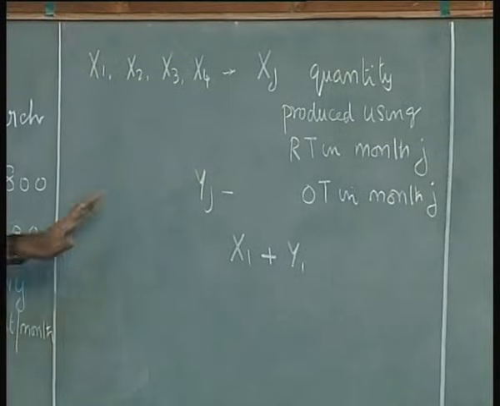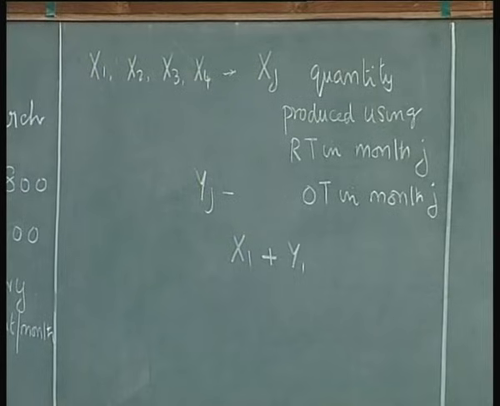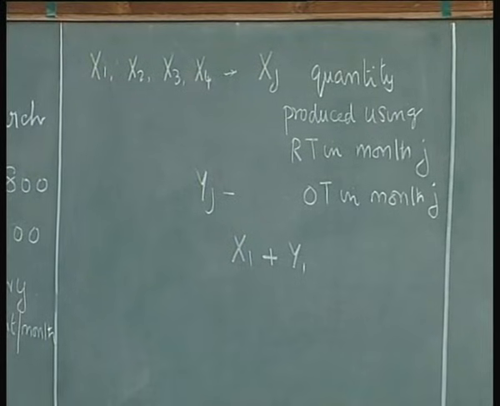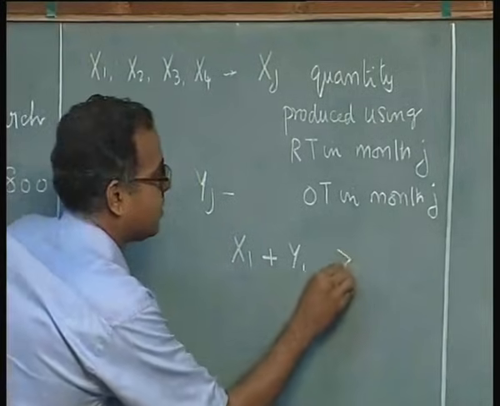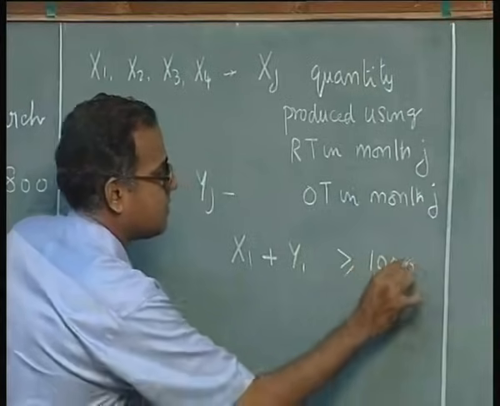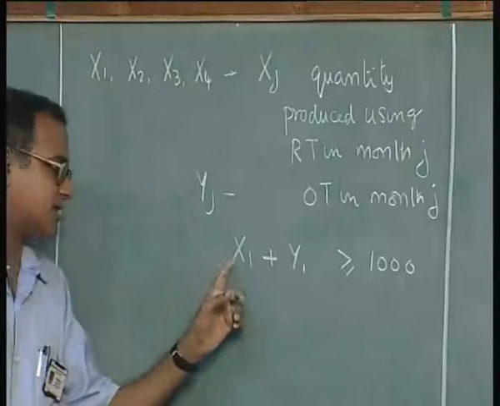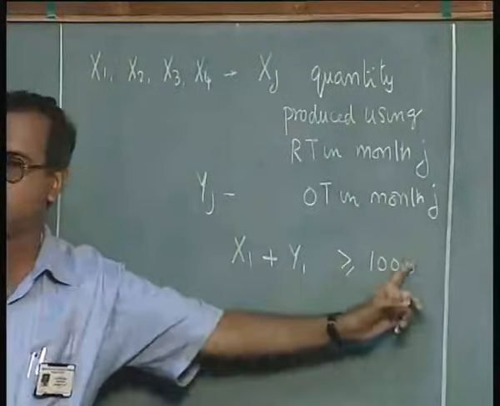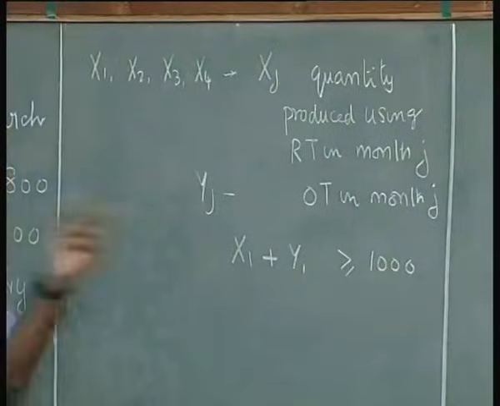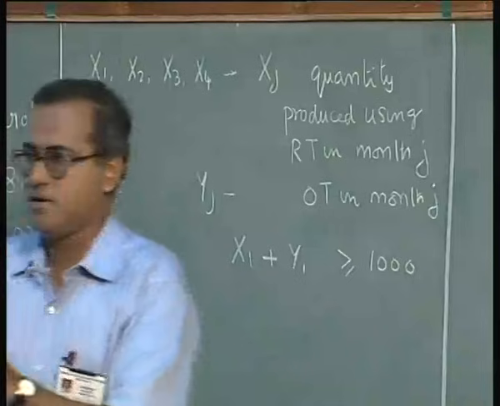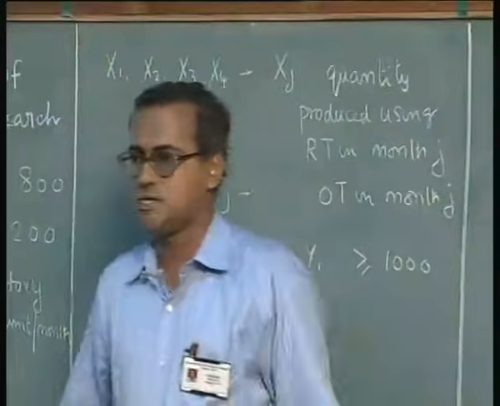So, whatever is produced in the first month is x1 plus y1, and we have to meet the first month's demand, which is 1000. So, we write x1 plus y1 is greater than or equal to 1000. We need to produce at least the first month's demand of 1000. In fact, we can do another thing. We can either state x1 plus y1 is greater than or equal to 1000, which implies that x1 plus y1 is exactly 1000 or more than 1000.